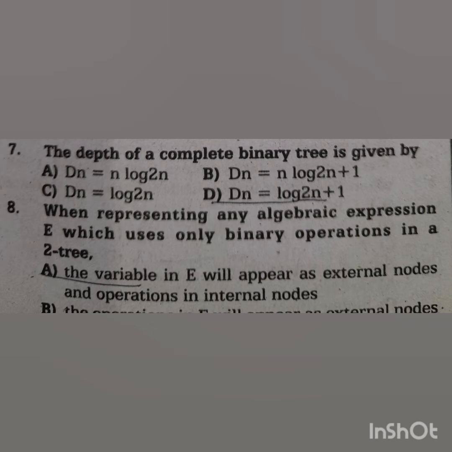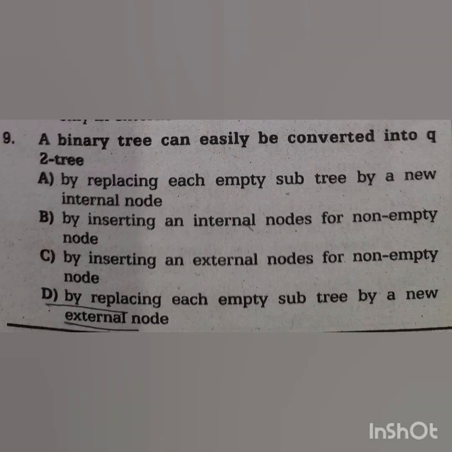When representing any algebraic expression E which uses only binary operations in a 2-tree, the variables in E will appear on external nodes and operations appear on internal nodes. A binary tree can easily be converted into a 2-tree by replacing each empty subtree by a new external node.